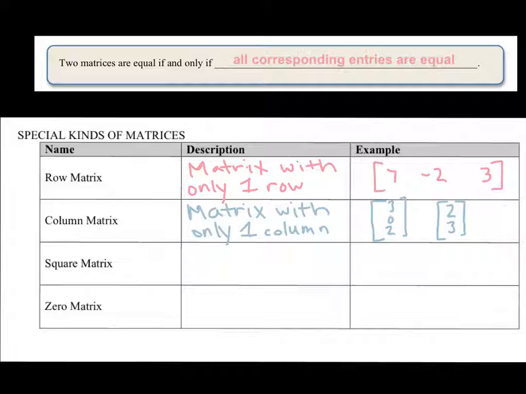So a square matrix, you guys know what a square is, going back from geometry, but it's 4 equal sides, 4 right angles. But a square matrix is a matrix with the same number of rows and columns. So with equal rows and columns.